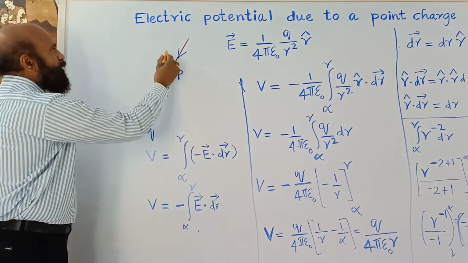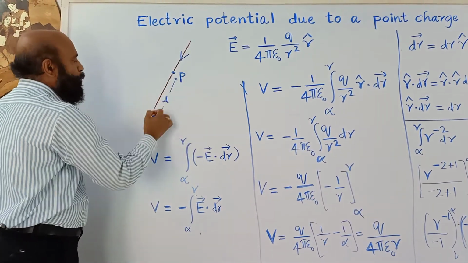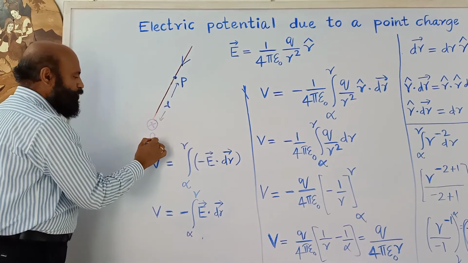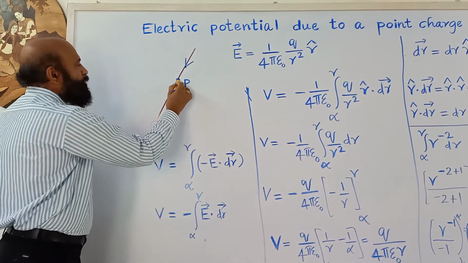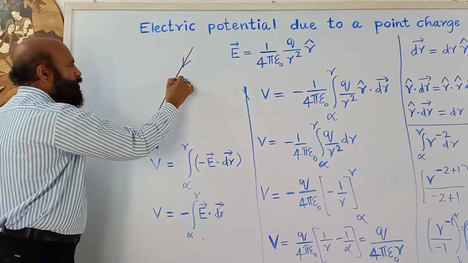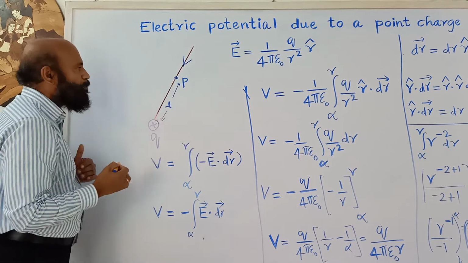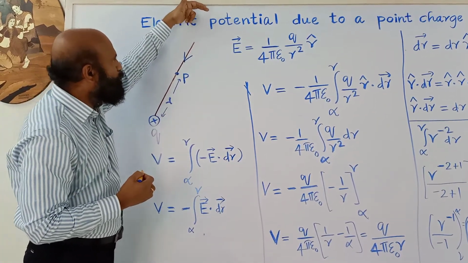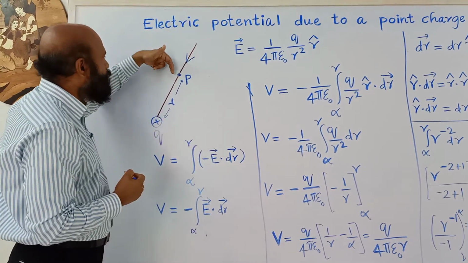Now let us find out the electric potential due to a point charge. At a point there is a point charge of magnitude Q. P is a point at a distance R from the charge. We have to find out the potential at this point. Potential at a point means the amount of work done to take a unit charge from infinity to that point.